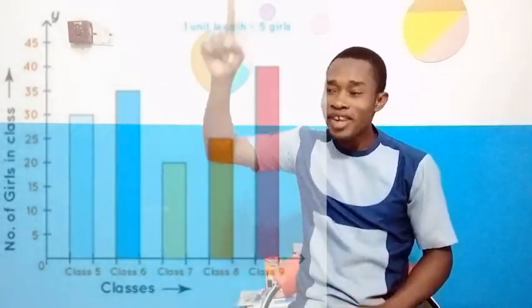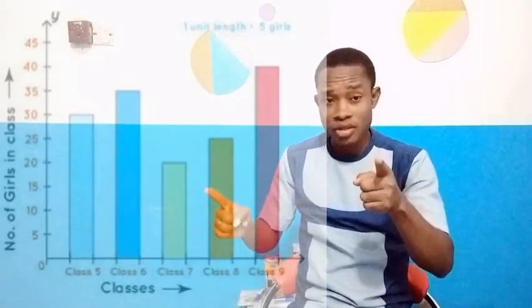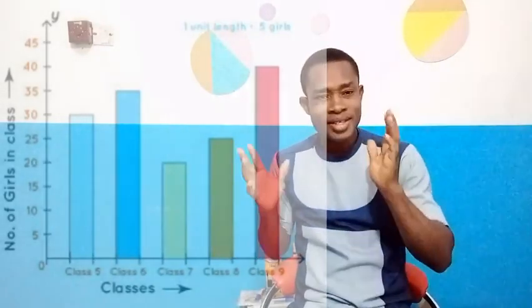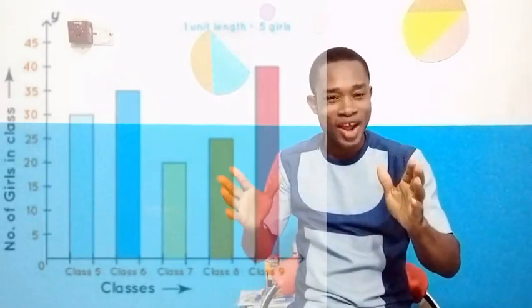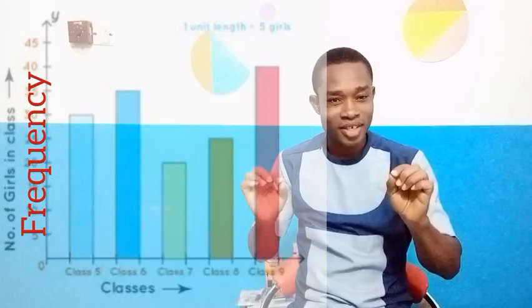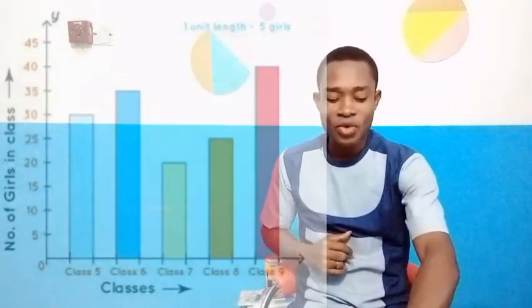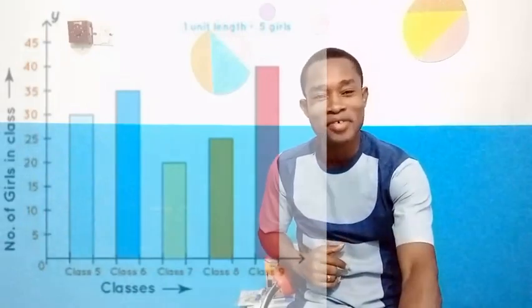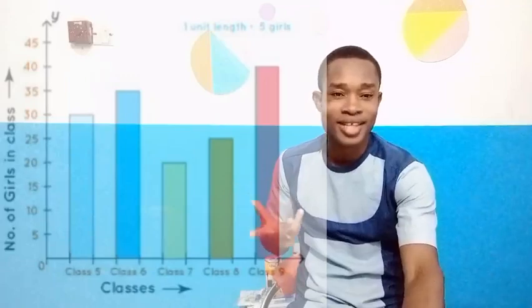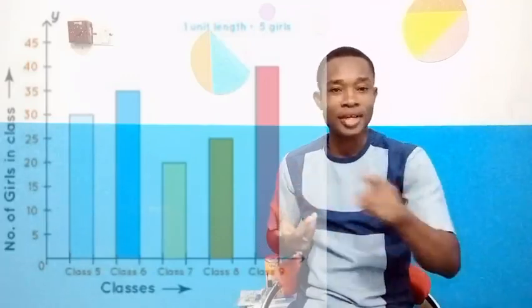So, the vertical line of a bar chart or of a histogram simply tells us about the frequency. Tells us about the what? Frequencies. Is that okay? And then here, the frequencies simply represent the number of girls in the classes that we have on the horizontal line.